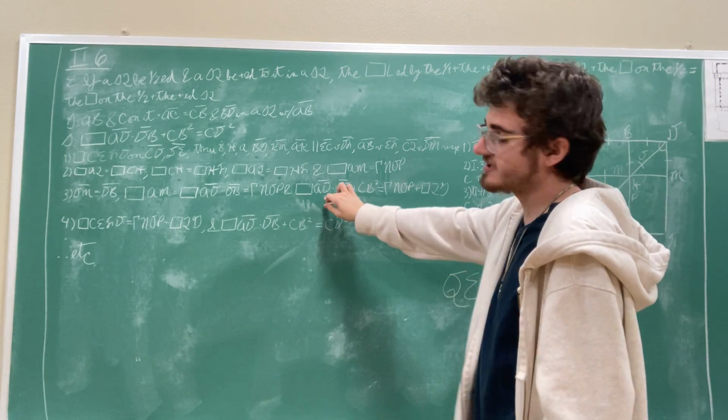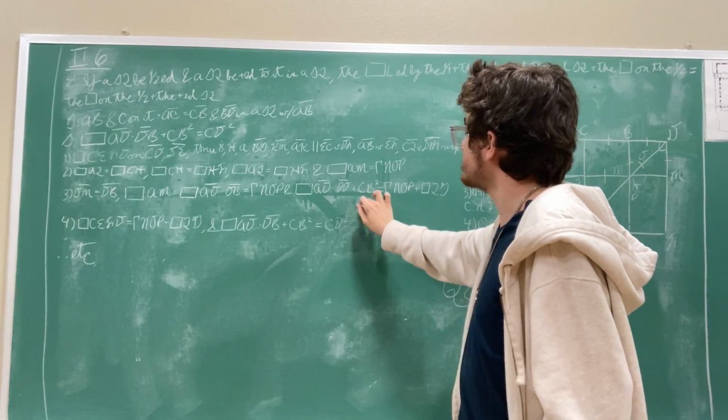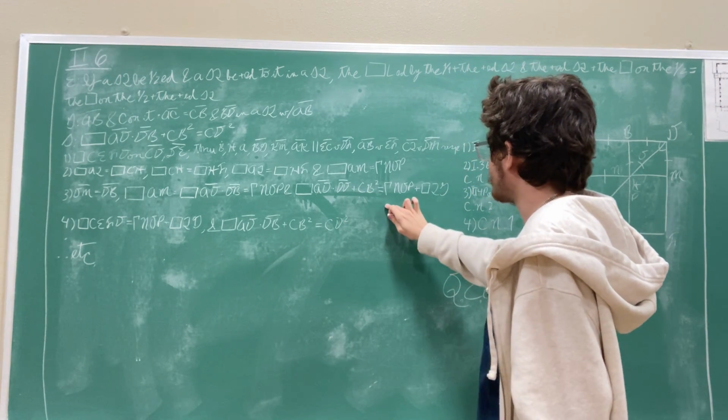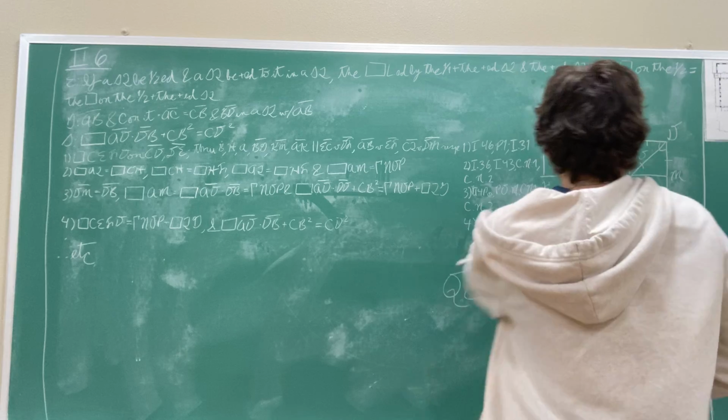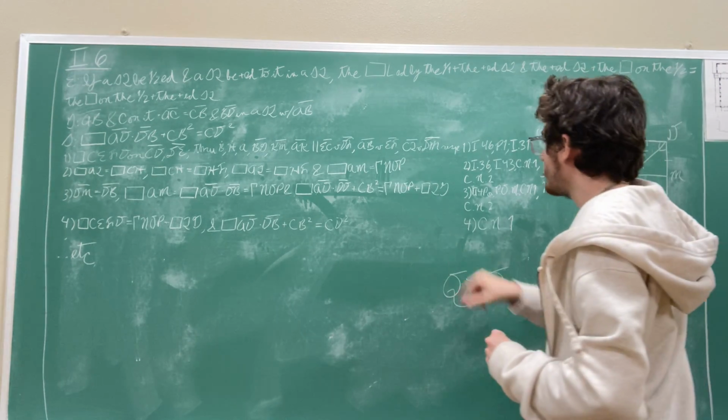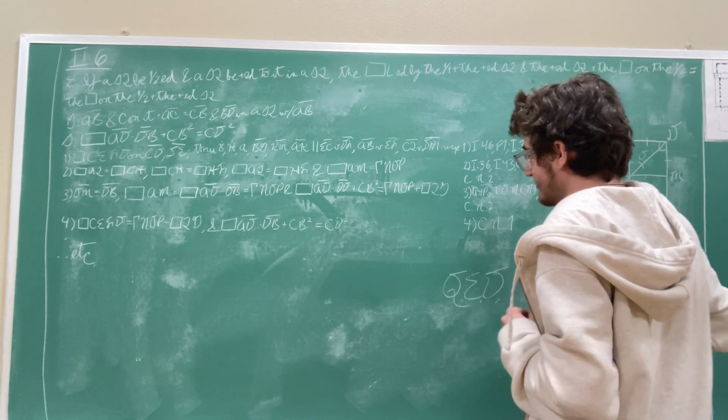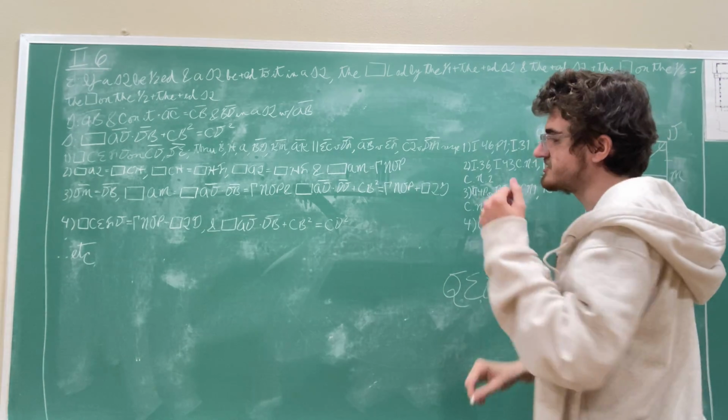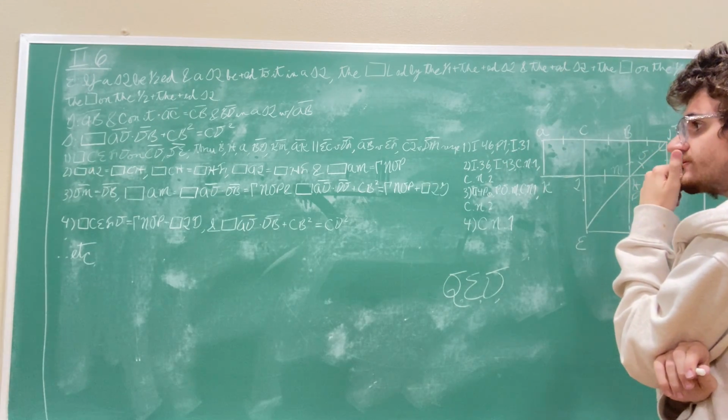So we can say that the rectangle contained by AD and DB plus the square on CB is equal to the gnomon NOP, these three areas right here, plus this square on LG. Because again, just common notion 2, equals being added to equals.